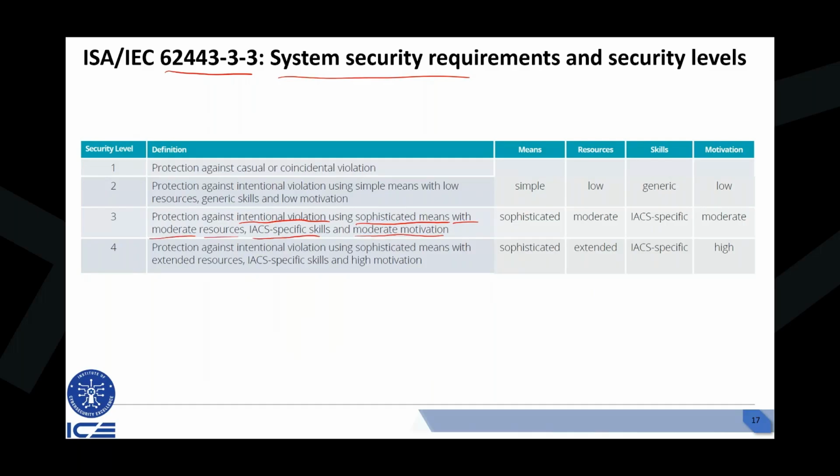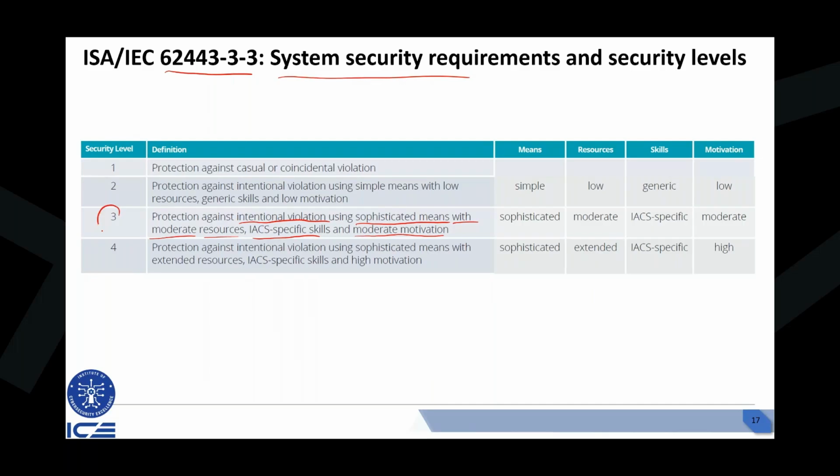It is just one level up, both in terms of the resources required to do the attack, the skills required to do the attack, and the motivation level to perform the attack. It's one level more than what was previously described. If this is the case, then you need to have a target security level of 3.